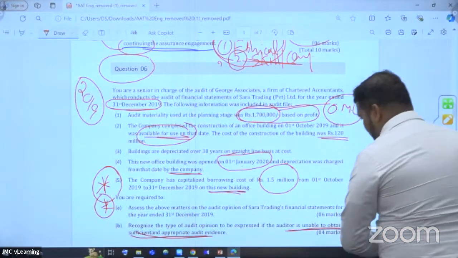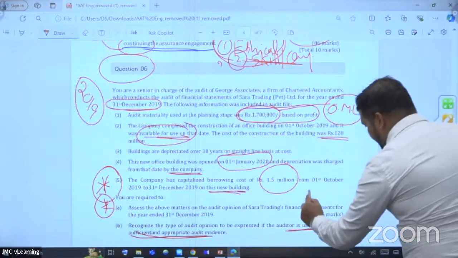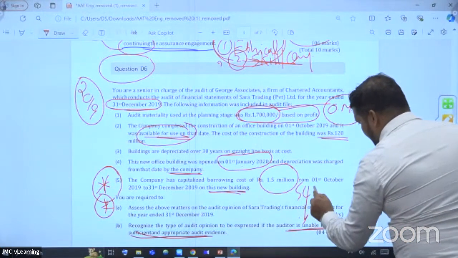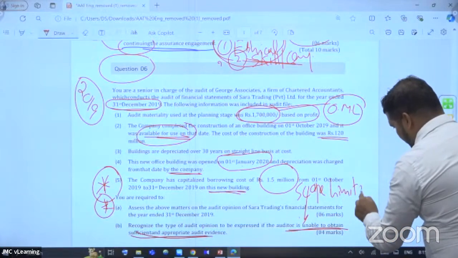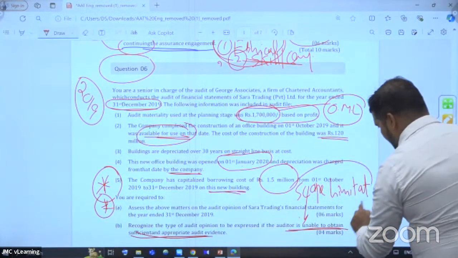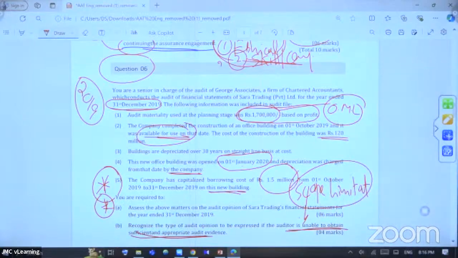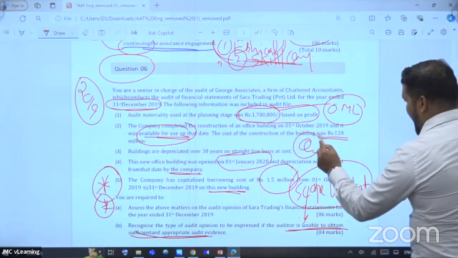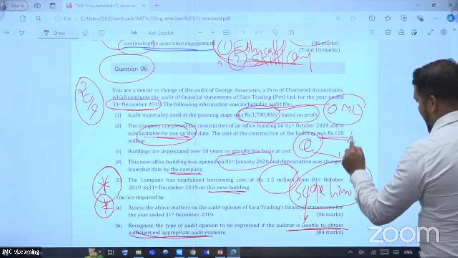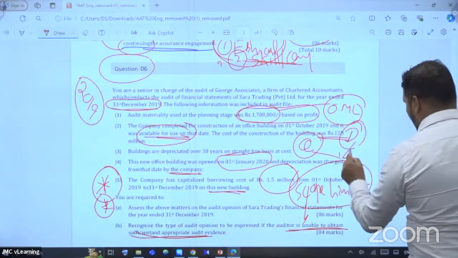That is applicable to a scope limitation. If you have a scope limitation, you have two options: a qualified opinion or a disclaimer of opinion.